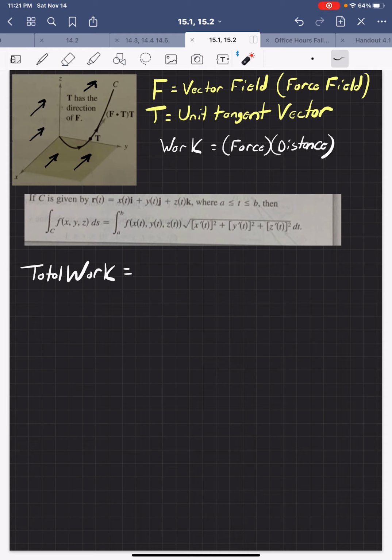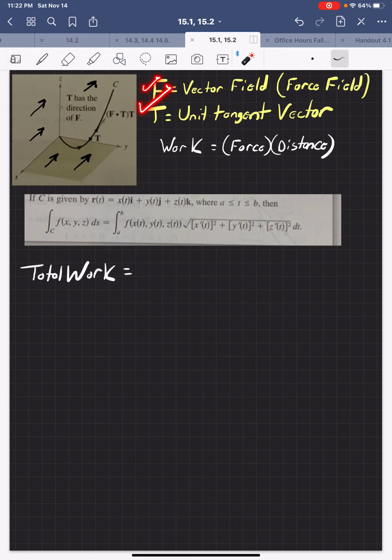So all that means is using the idea of the dot product, that idea of projections that we learned back in chapter 12. Let's just talk about a particular point on your path. You can just consider the dot product of the force and the unit tangent vector.